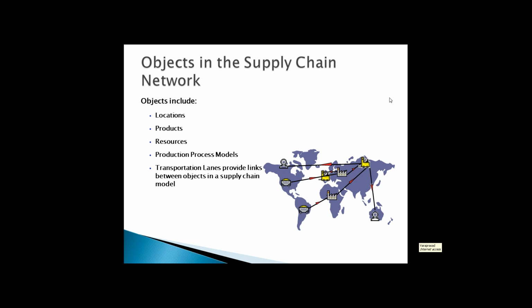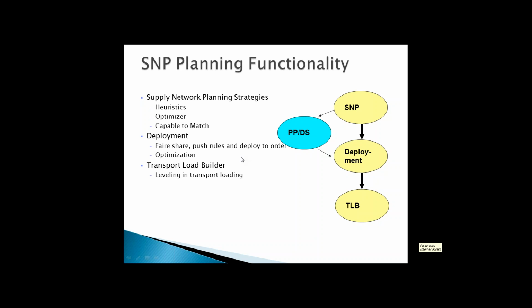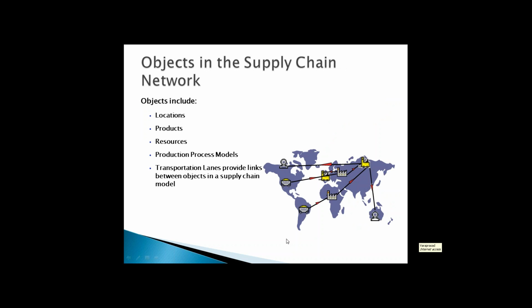So all these are locations, and products is nothing but the material master in ECC, and resources, that means capacity in ECC, and production process model or PDS, production data structure, nothing but the BOM and routing combination in ECC. Up to the production process model, that means these three, up to this we are converting or transferring from ECC to APO.